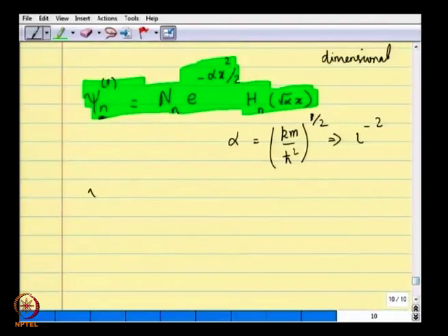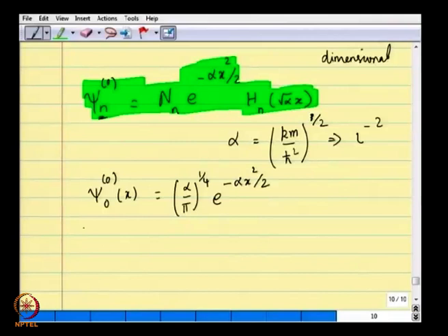The lowest energy solution we will write down, which is psi 0 0 of x. The normalization constant turns out to be alpha by pi to the 1 by 4. The Hermite polynomial when n is 0 for all arguments is 1, therefore all that you have is e to the minus alpha x square by 2.